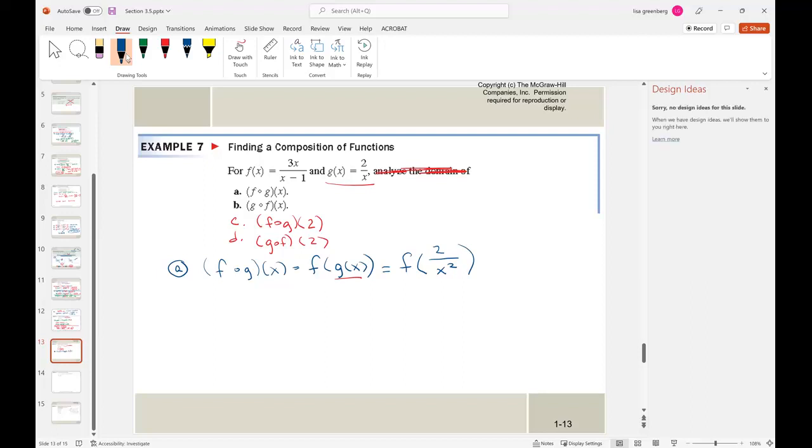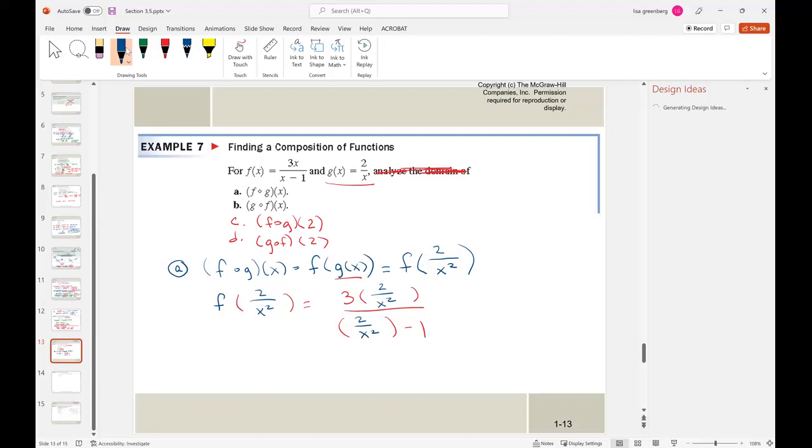And now I have my F of X is equal to 3 times X divided by X minus 1. And everywhere there's an X now, we get 2 over X squared.